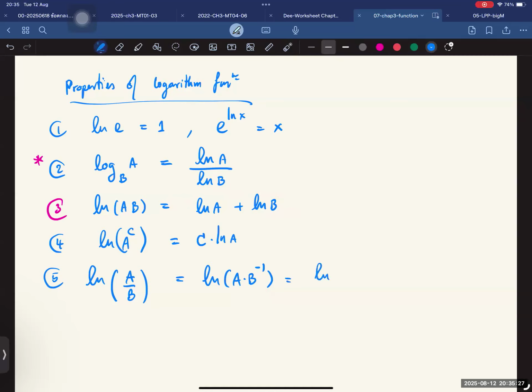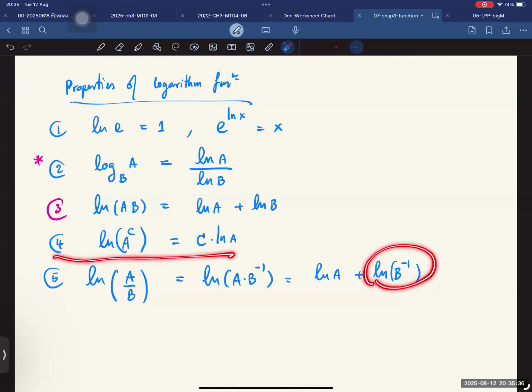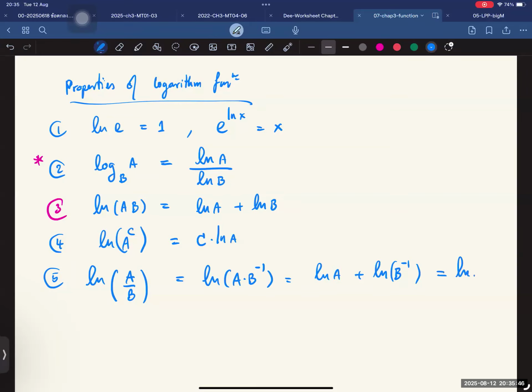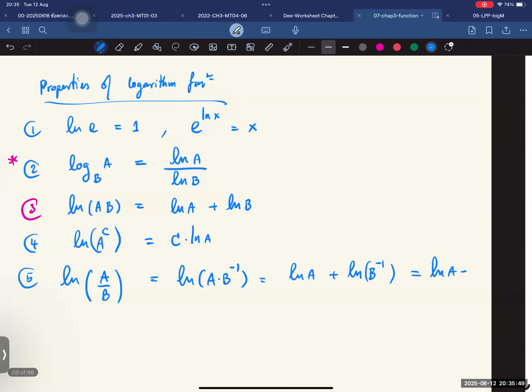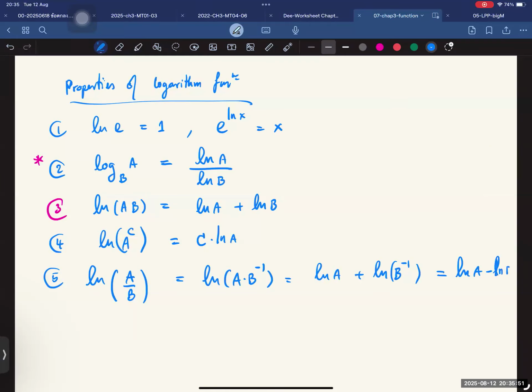So that is the log of a plus the log of b to the power of minus 1. And we can apply property number 4 to this term. So move the minus 1 here to be the coefficient of log of b. So that is log of a minus natural log of b.